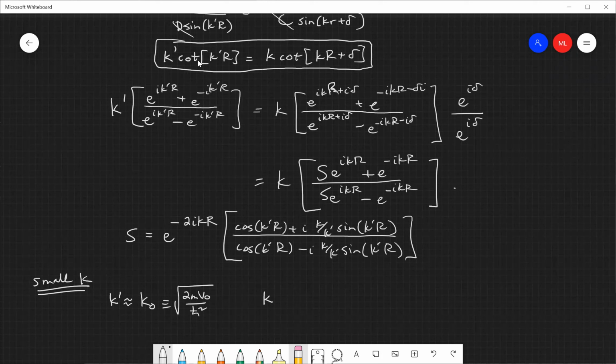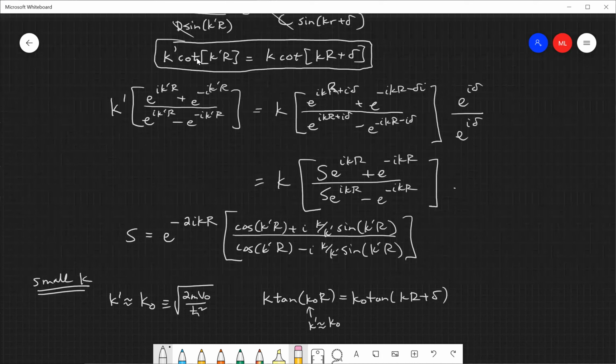So then k gets multiplied by the tangent of this guy. So k times the tangent of k naught r, because k prime is approximately equal to k naught, is equal to k naught times tangent of kr plus delta.